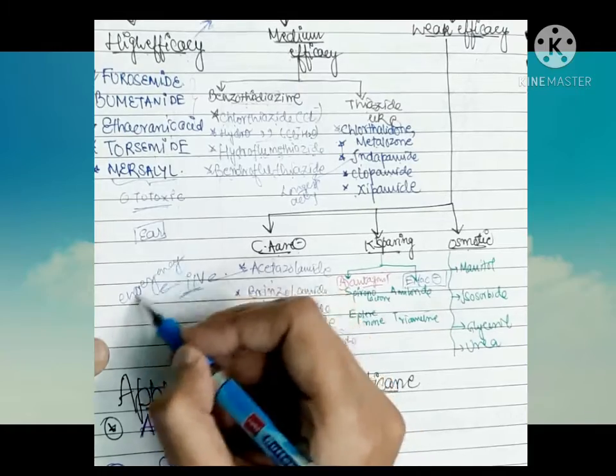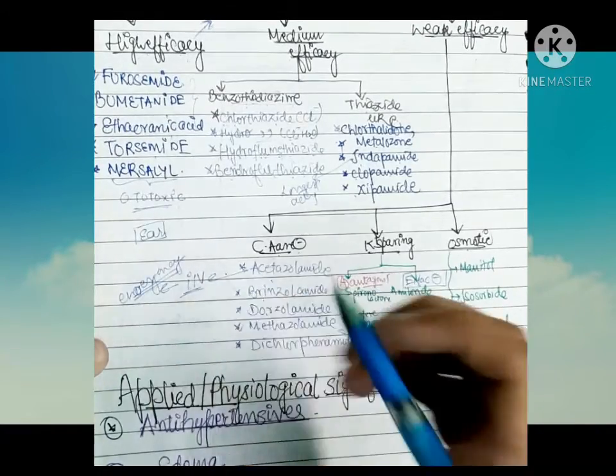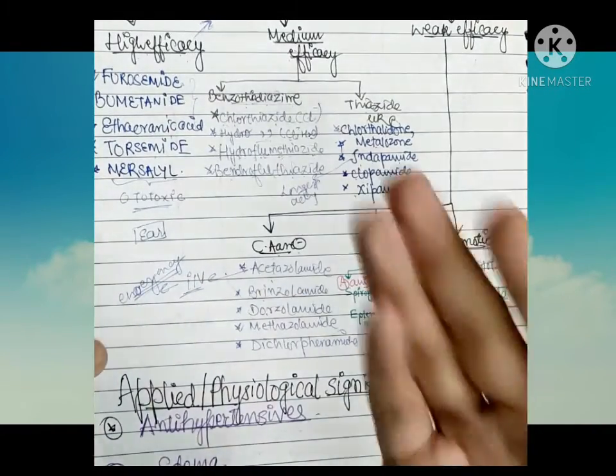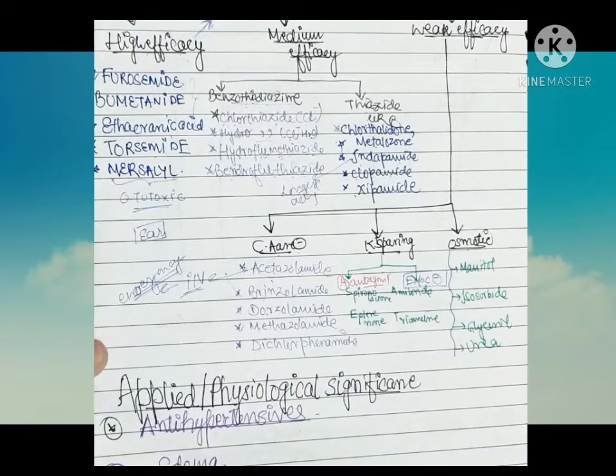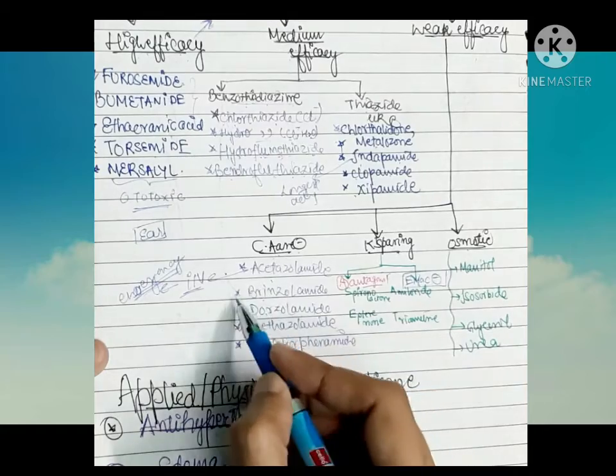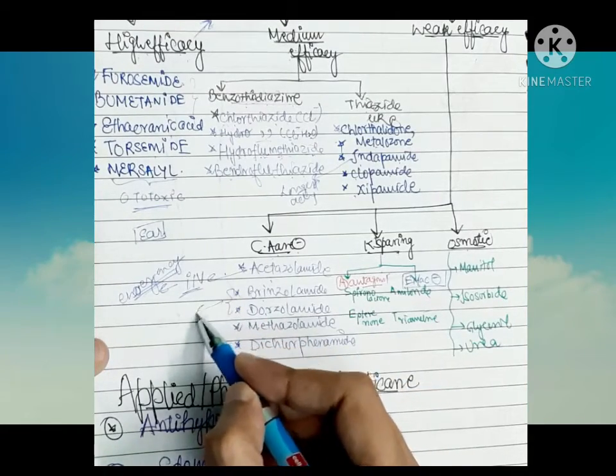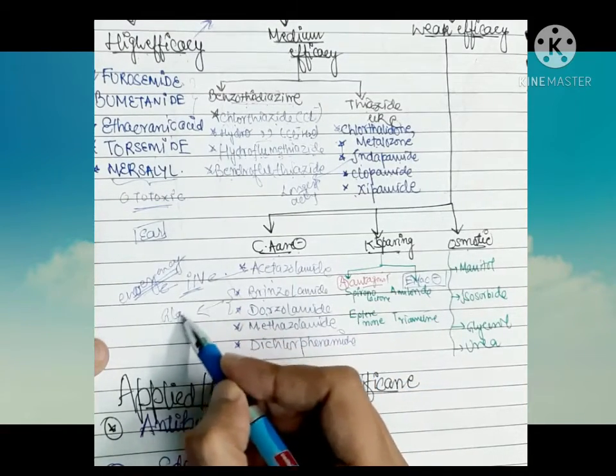Any drug administered intravenously is used in emergency. Brinzolamide and dorzolamide are also used in glaucoma.